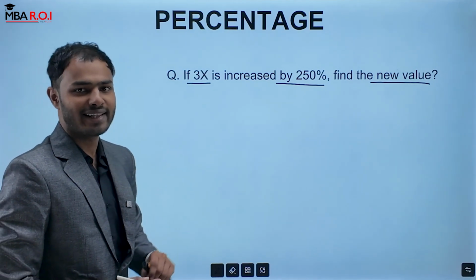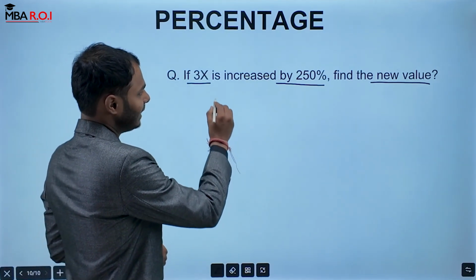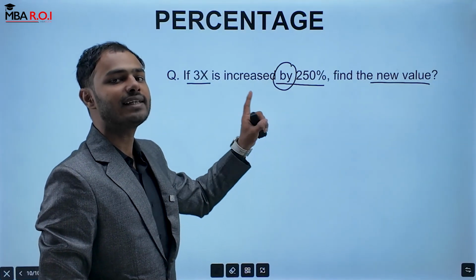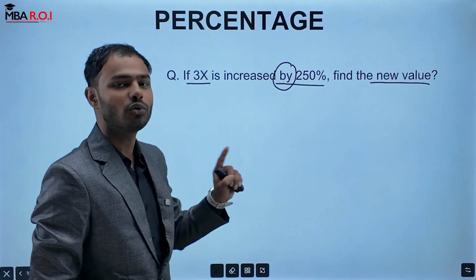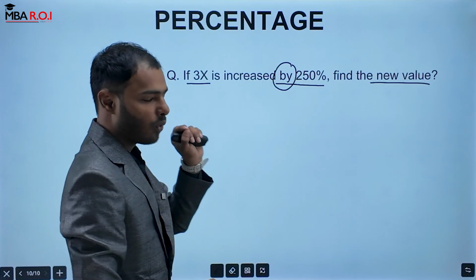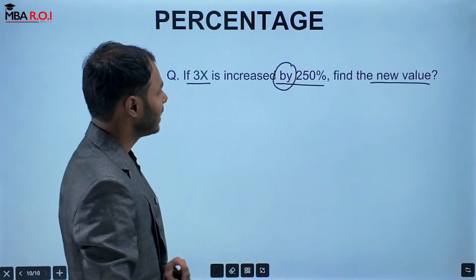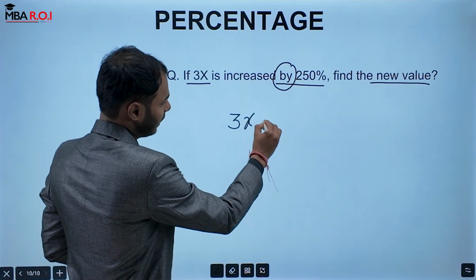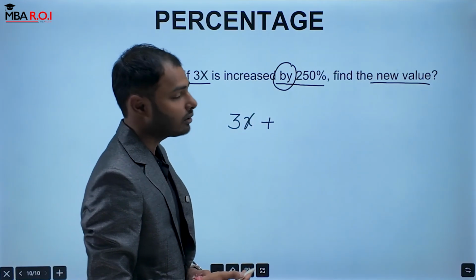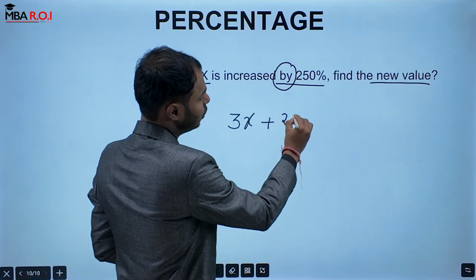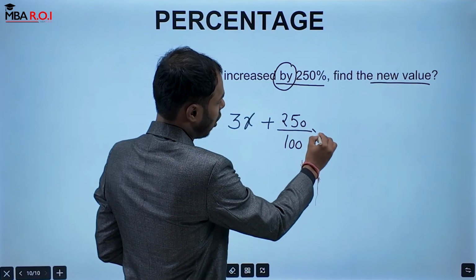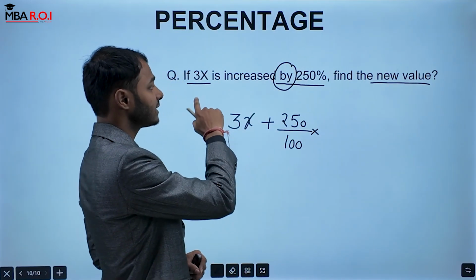So now let's try this question. Again, in this case, first we need to look for increased by. If there is increased by, what we have to do is add. First we need to see what the initial value is. The initial value is 3x in this case. Now, in this we have to add 250% of the initial value, which is again 3x.